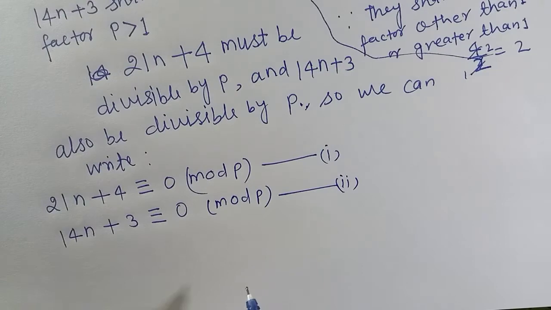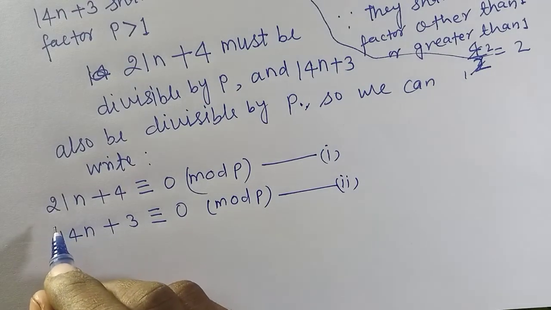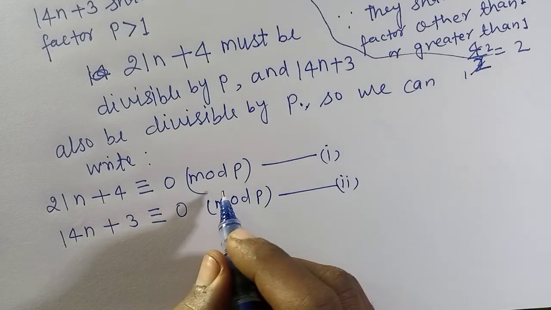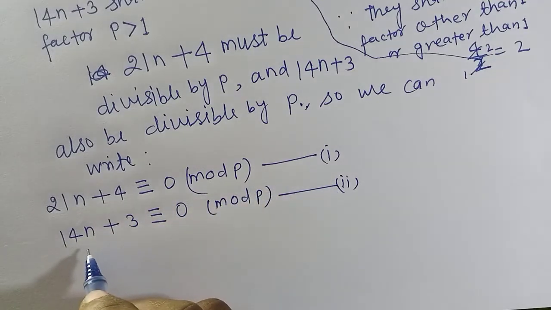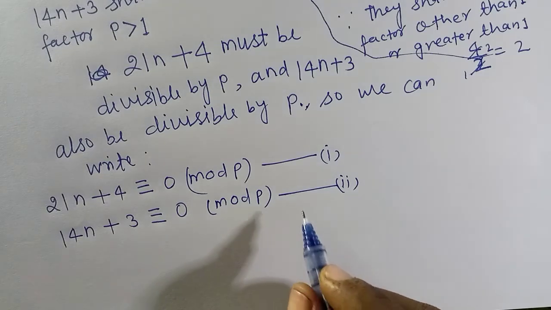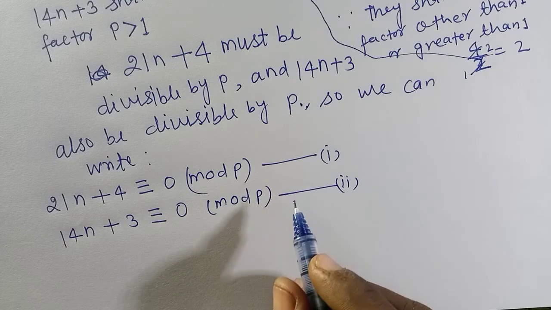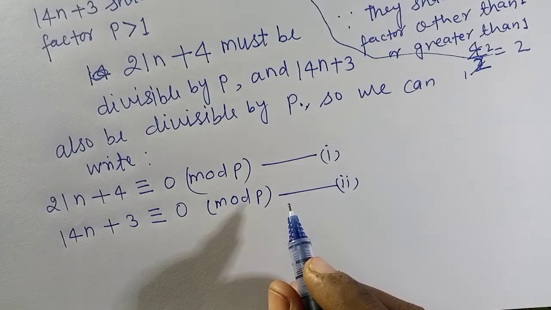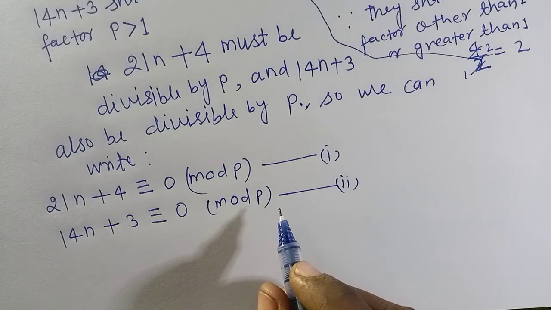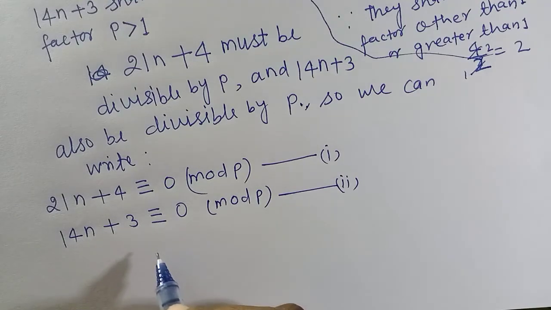So we have got two equations: the first is 21n + 4 congruent to 0 mod p, and 14n + 3 congruent to 0 mod p. These are the two equations, and we are going to treat them like a system of equations.